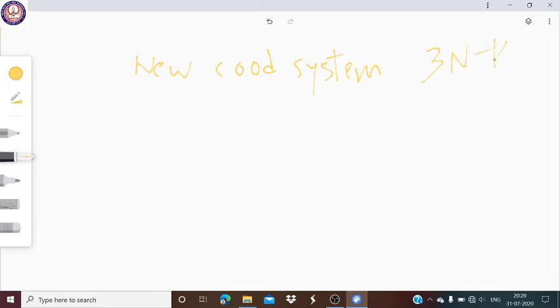In our previous coordinate system, the 3n coordinates were not independent of each other.